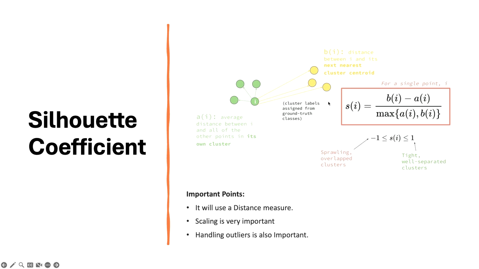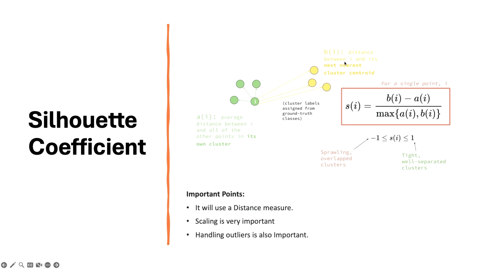How does this silhouette coefficient look? As you can see here, we choose some point and measure all the distances between all points within this cluster.